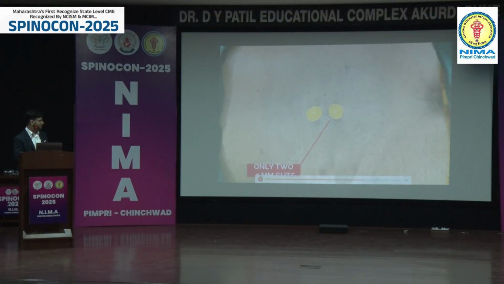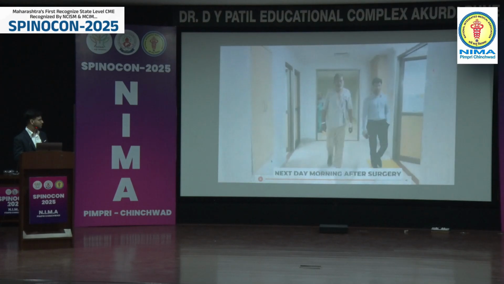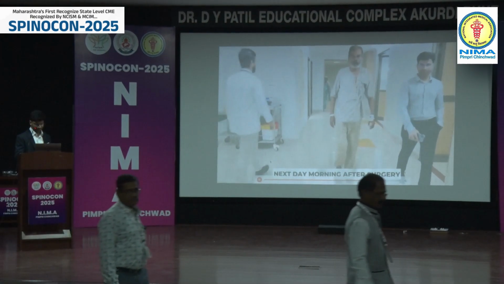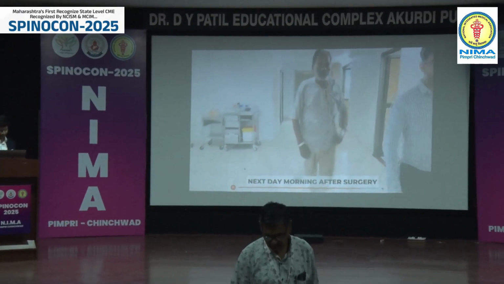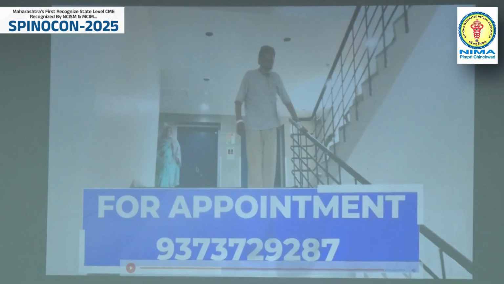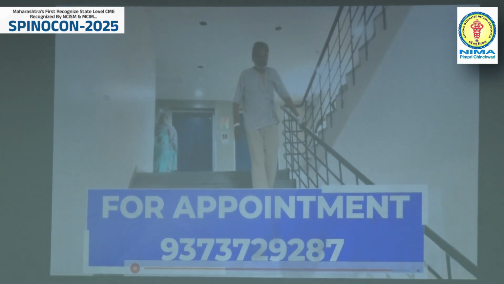Only 5 mm cuts were taken for the entire surgery, and just two small bandages were applied after the surgery. This is the patient on day one after surgery. Absolutely pain-free and walking without any issues. He was climbing and going down the stairs as well.